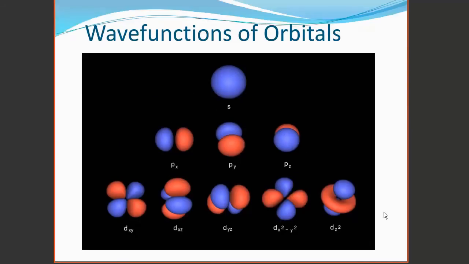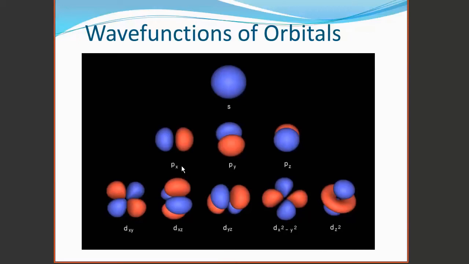Here we see a visualization of the three-dimensional wave functions for different orbitals that the electrons may inhabit. This is a spherically symmetric s orbital.